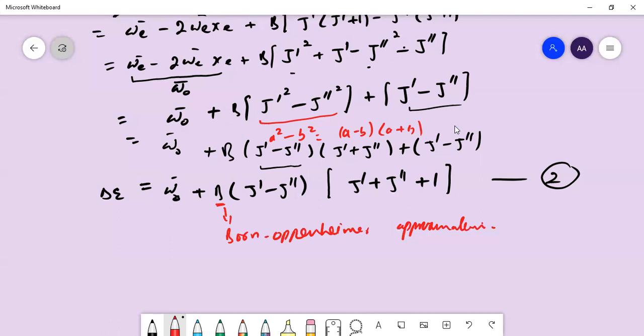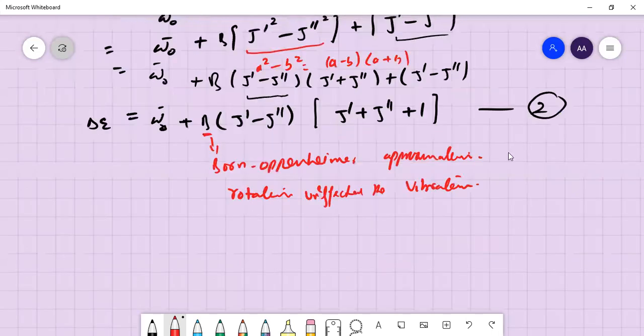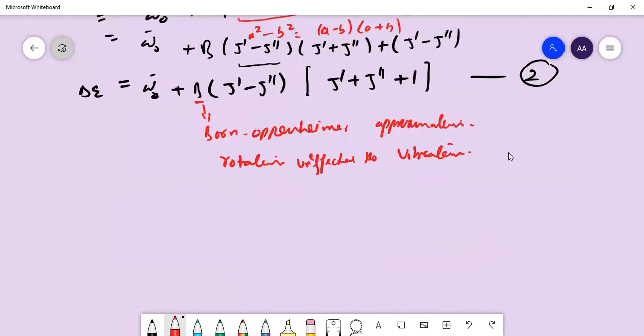The vibrational and the rotational energies can exist as quite independent states, which means that the rotation is unaffected by the vibration. It means when your molecules are absorbing the infrared radiation, both the rotational as well as vibrational energy change take place, but the changes are quite independent. There is no relation between the vibrational and the rotational energy levels. So this is what our Born-Oppenheimer approximation is.